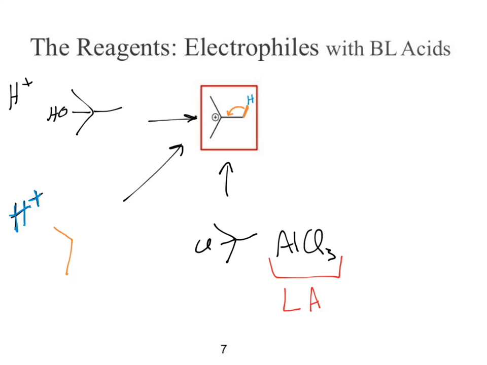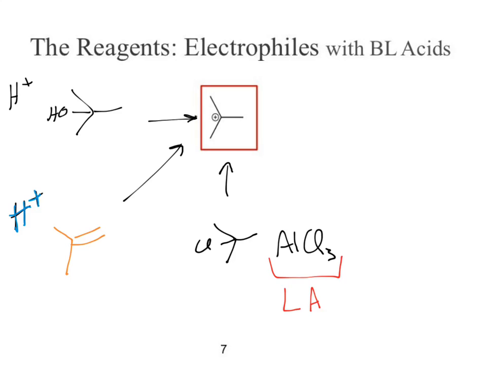We could have started with the propene with the double bond. Okay. If we react an alkene with a strong acid, we can generate that carbocation as well. So we've got now 3 different ways with Bronsted-Lowry acids that we could go through and make that carbocation.